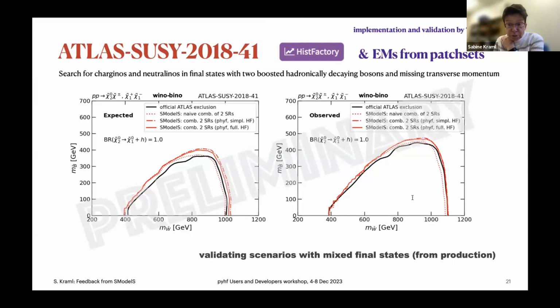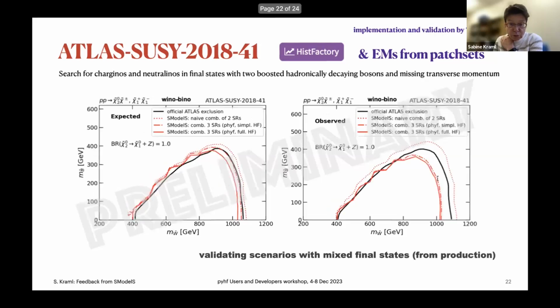Similar for wino production decaying into bino, in this case with 100% branching ratio of the neutralino 2 to Higgs. This also works well.